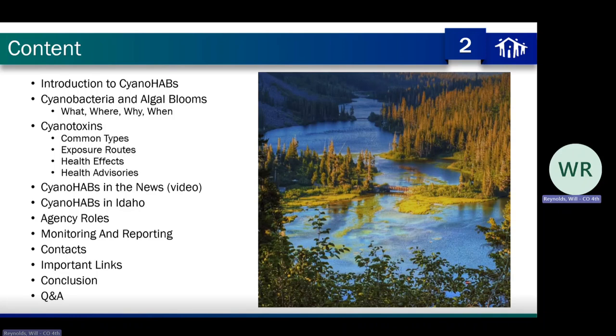We'll go over the importance and processes for monitoring and reporting on HABs, important contacts related to HABs, links, different documentation, frequently asked questions, where to find out more about where there are current health advisories that have been issued, and more.